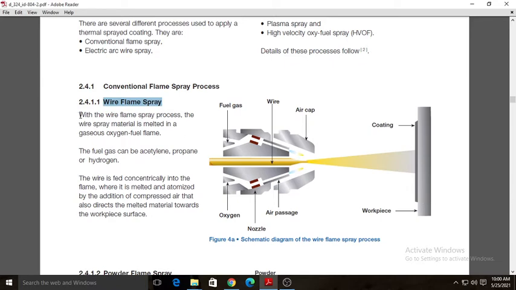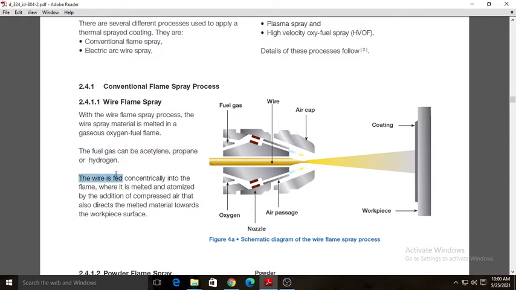So with the wire flame spray process, the wire spray material is melted in the gaseous oxygen fuel flame. Here you can see the oxyacetylene. The gas will be used in the form of the acetylene here. Oxygen and acetylene burning produces the heat here. The fuel gas can be acetylene and propane or hydrogen.